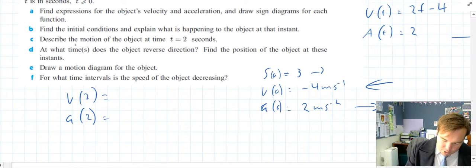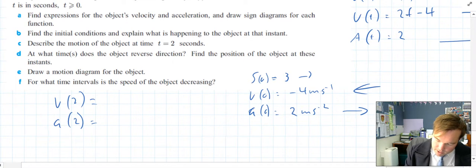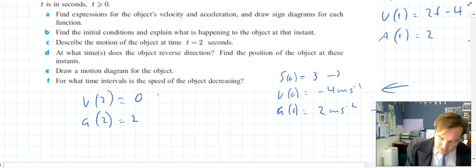Because note it says the motion, you don't have to explain where it is, you just have to describe how it's moving. v(2) is 0. a(2) is 2. We can see that by subbing in the values into the functions there. So this here means it is instantaneously at rest. At rest momentarily or instantaneously at rest.